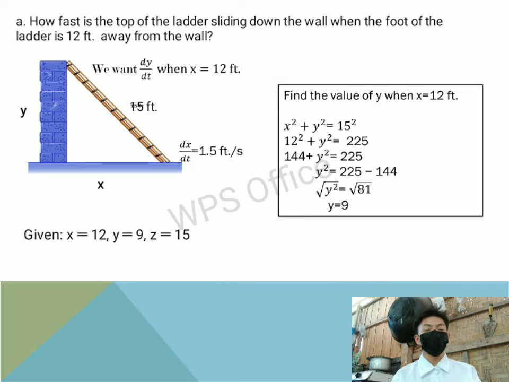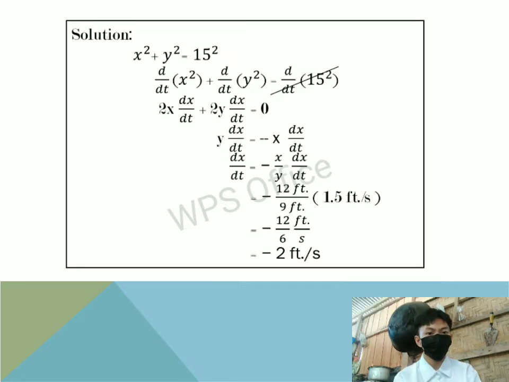y is equal to 9. Our given is x is equal to 12, y is equal to 9, z is equal to 15. So, x squared plus y squared is equal to 15 squared. Differentiating with respect to t, 2x dx over dt plus 2y dy over dt is equal to 0.